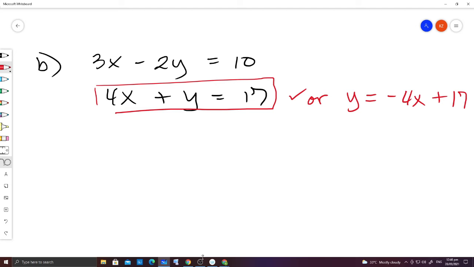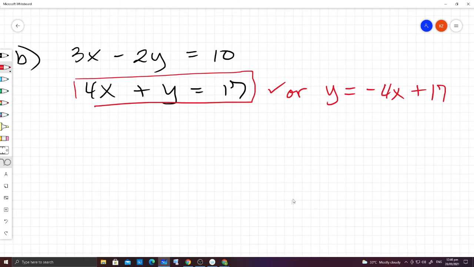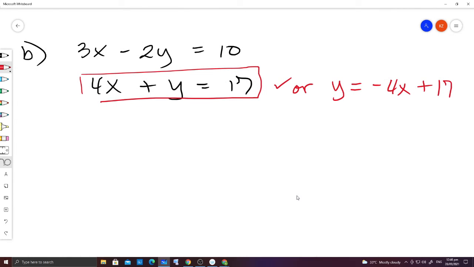So this will be the second version, the other arrangement of the second equation. Next step. What will be the next step? Pinyapat.